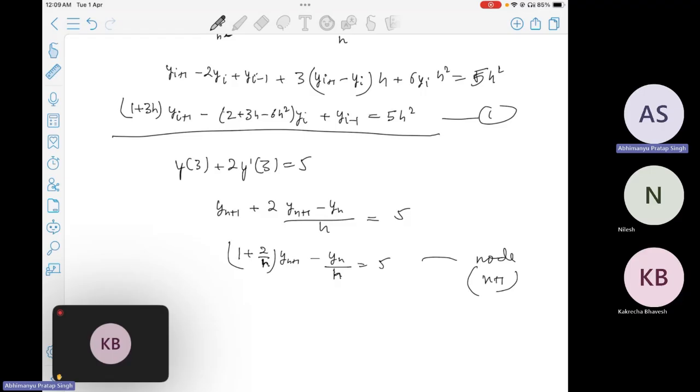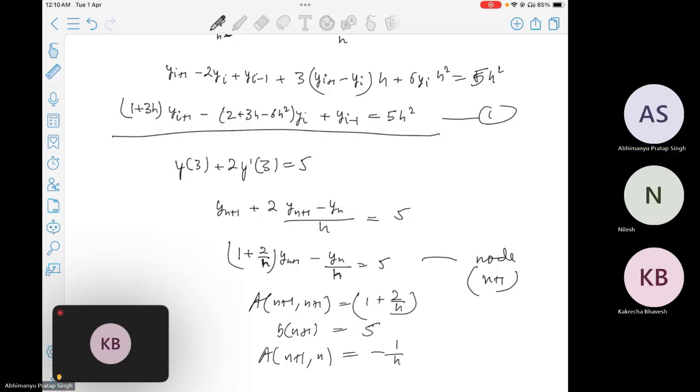So A(n+1, n+1) would be 1 plus 2 upon h, B(n+1) would be 5, and A(n+1, n) would be minus 1 upon h. So I will come back to MATLAB.